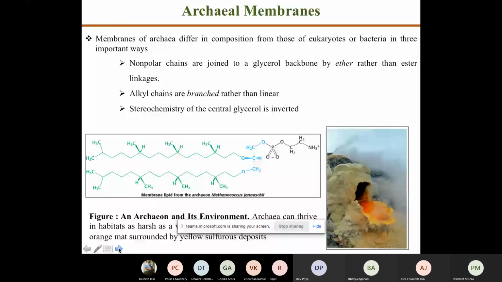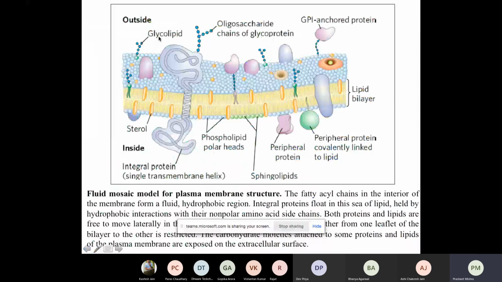Normally, generally the same kind of structure is present, where you have lipid and protein. In some membranes, the sterol portion may not be present. In some membranes, the content of lipid and protein is variable. All these things we have discussed, but in general you will find the same kind of architecture.